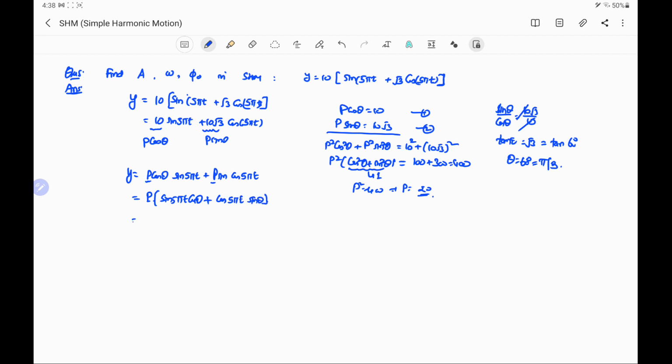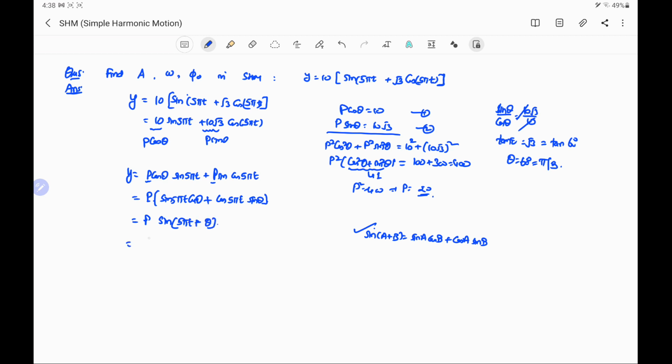And using the formula of trigonometry, that is sin a plus b equal to sin a cos b plus cos a sin b, we can write it as p into sin of 5 pi t plus theta.